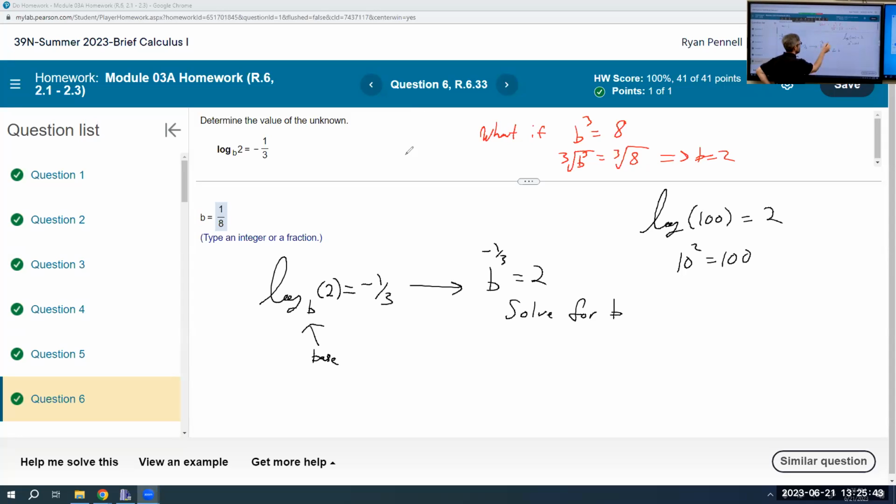I'm thinking we need to put both of them to an exponent of some kind to solve for b. If I pick the right exponent, I could do it to both sides, and it would reduce that exponent to 1. So I have negative 1/3. What exponent could I put it to that would cause it to be positive 1? If I go negative 1/3 times negative 3, that turns it into 1, and that's solving for b.